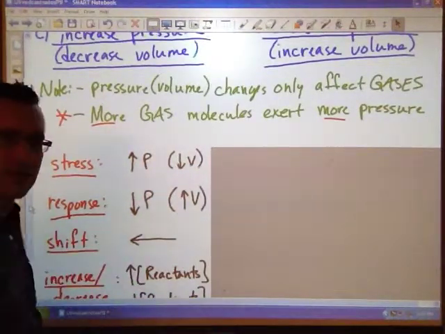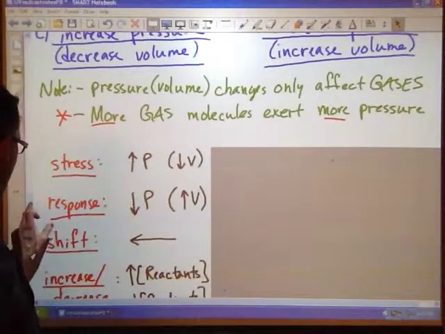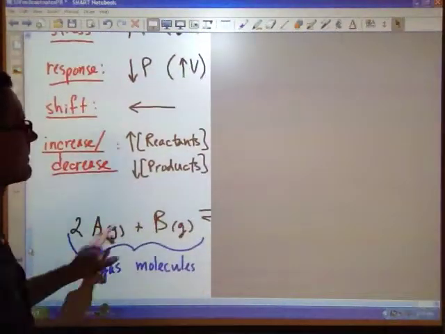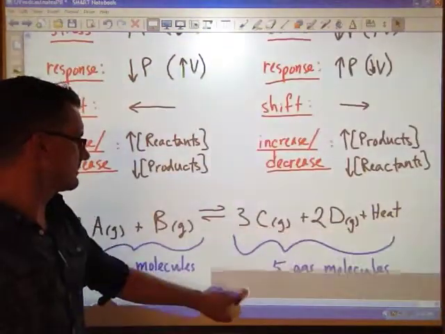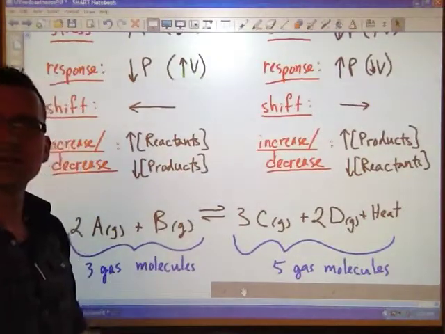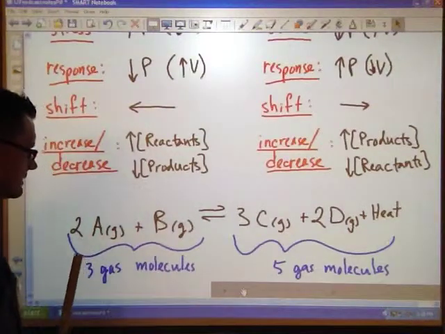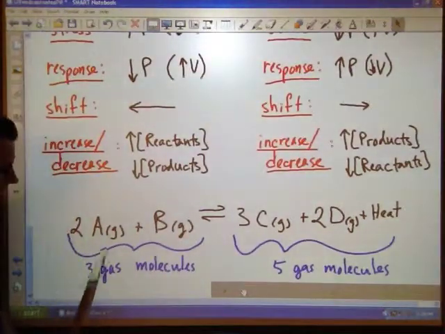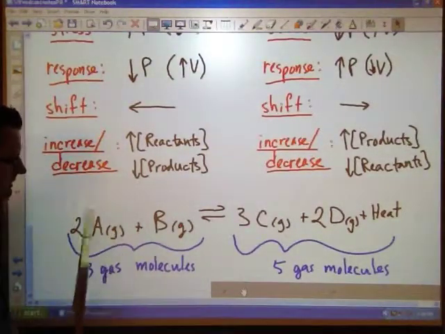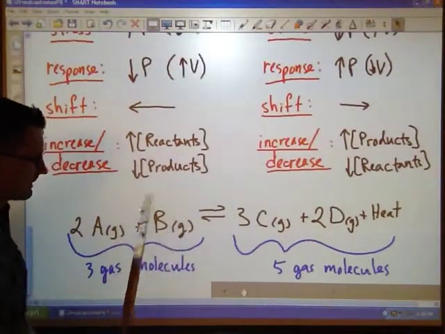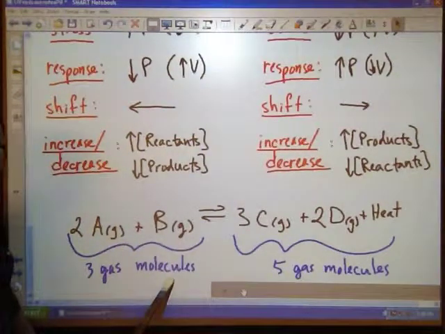Now, shift to the left. Now, how did I know that? If we go back to the equation here, all we need to do for pressure and volume changes is count the number of gas molecules on each side. So here I have 2 gas molecules of A plus 1 gas molecule of B gives me 3 molecules.